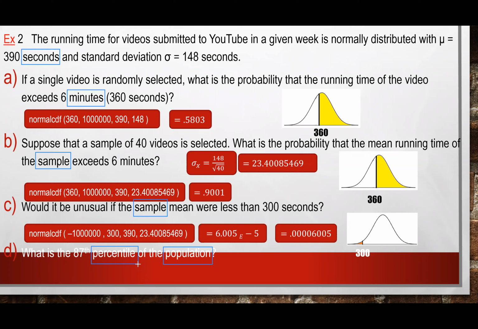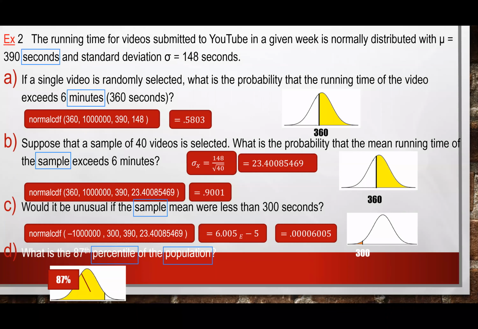Hopefully you say we have to use the 148 and not the 23.4. Looking at this, the 87th percentile means 87% to the left, so all we need to do is inverse norm 0.87, which is the percent to the left, with 390 as the mean and 148 as the population standard deviation.